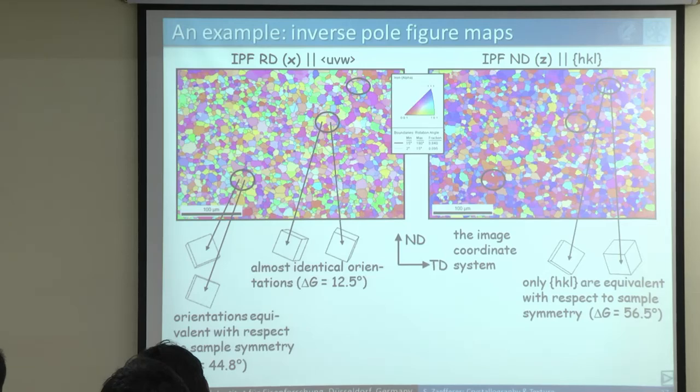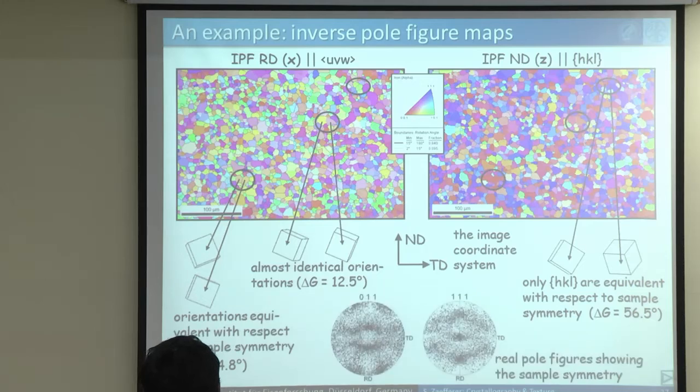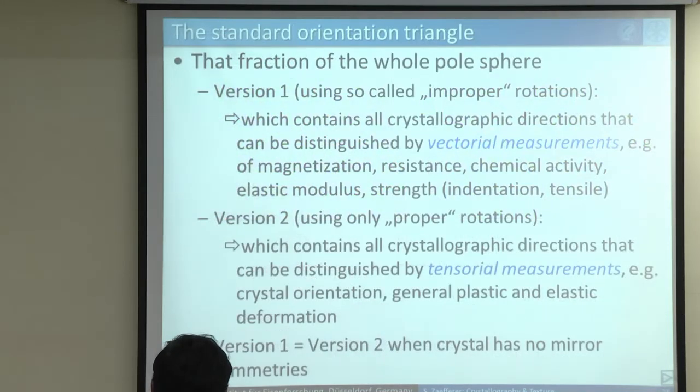In principle, in the original rotation data symmetry, this triangle which I have selected, when I really look on orientations and not only on directions, must be double as big in order to cover every symmetrically different orientation. Let's skip that one for the moment. And that is actually this question about the standard orientation triangle.